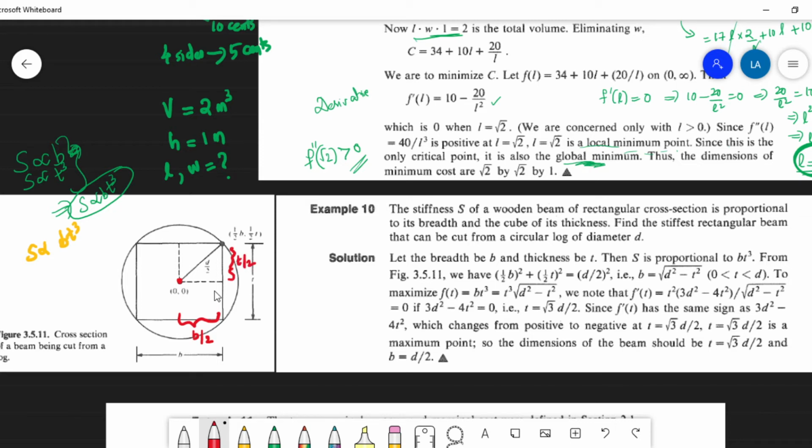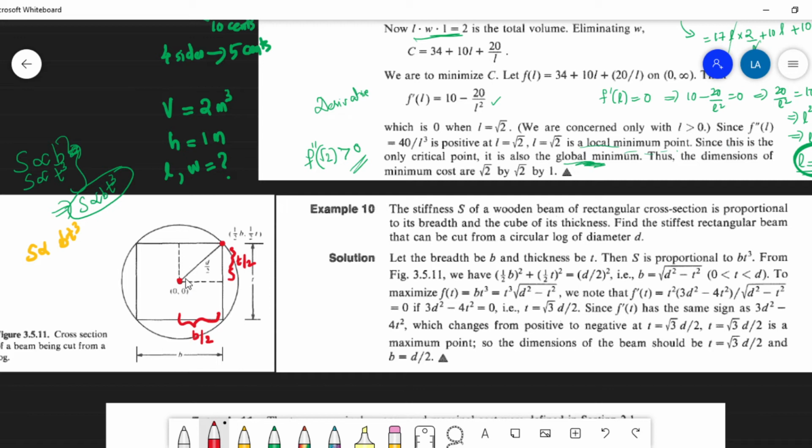So when we are thinking about the same in the coordinate geometry, the distance from 0 to this point will be b by 2, and the distance from this point to the point given here will be t by 2. So the point given here is b by 2 comma t by 2. Okay.